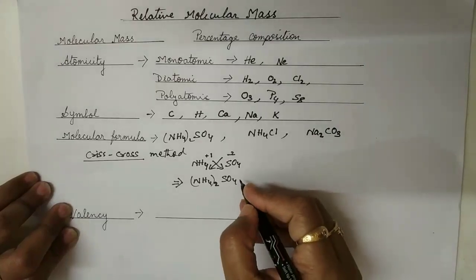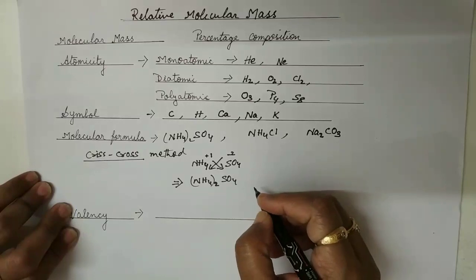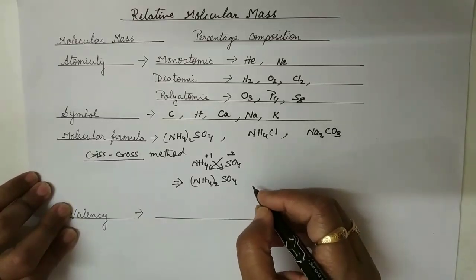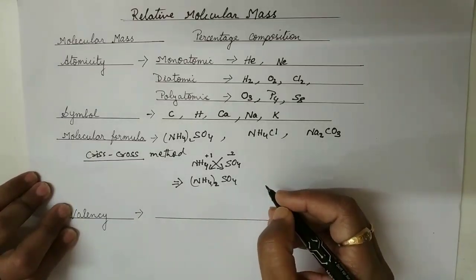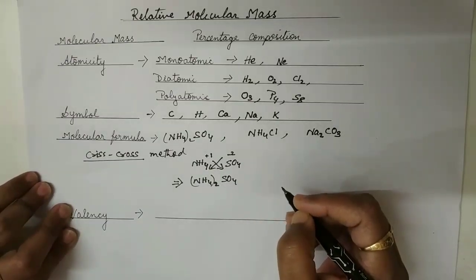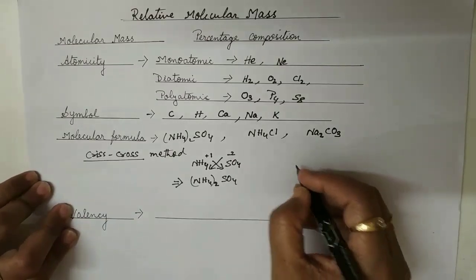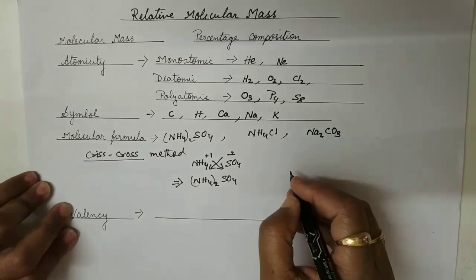I'm sure you have done enough practice on these methods in Standard 7 and Standard 8. You also know how to divide the valencies by their HCF. So let me take the example, say, of zinc oxide.